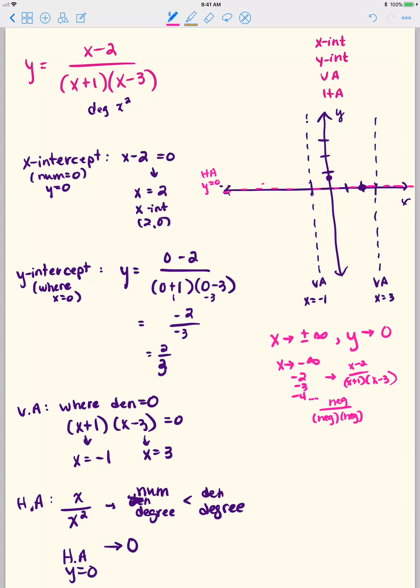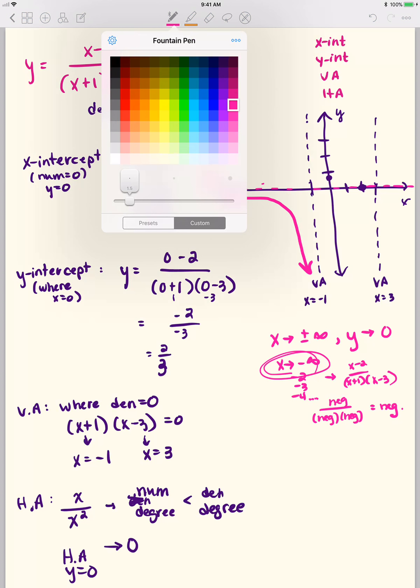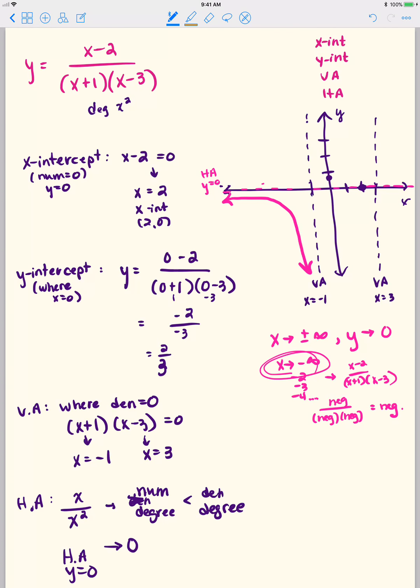And if you do a negative divided by negative times a negative, your end result will end up being negative. So when x tries to go to negative infinity, that portion of the graph will live down here in this lower left region.